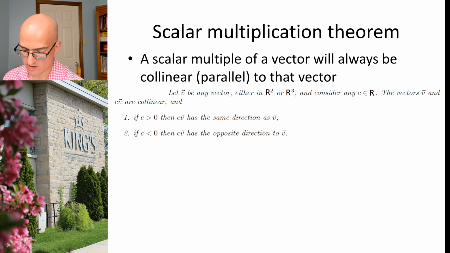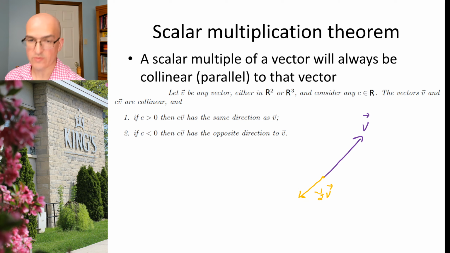So if the original vector looked like this, so this was v, then the vector, let's say -1/2 times v might look like this. So it's half as long, and it's going in the opposite direction.